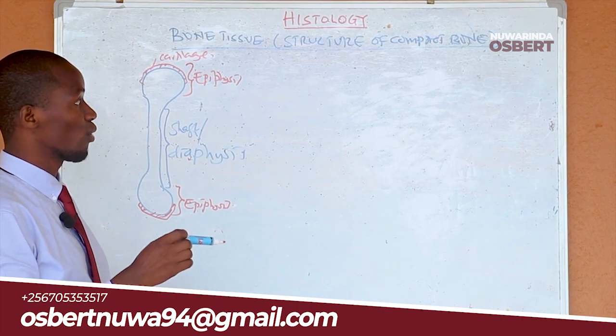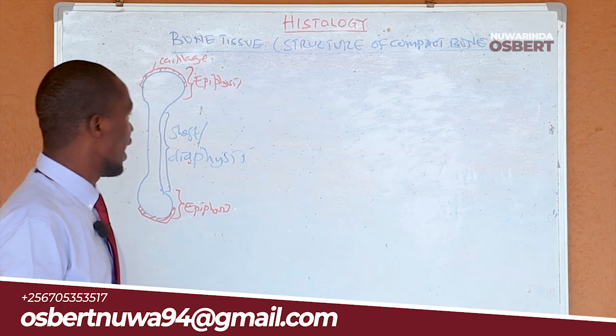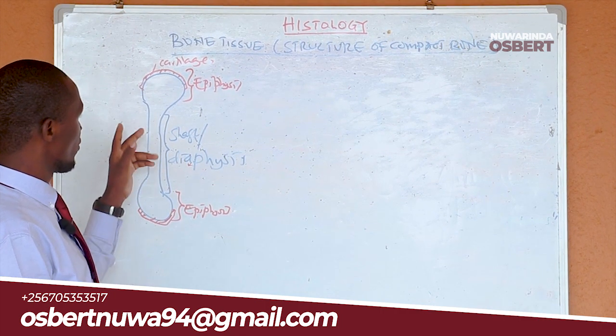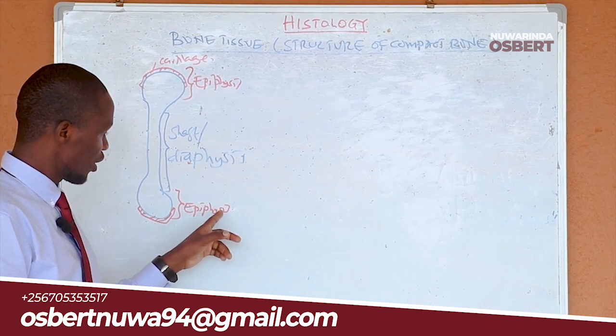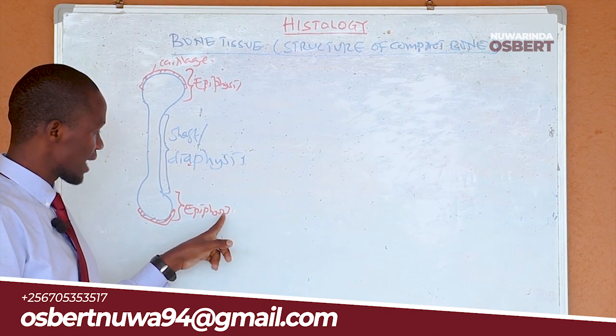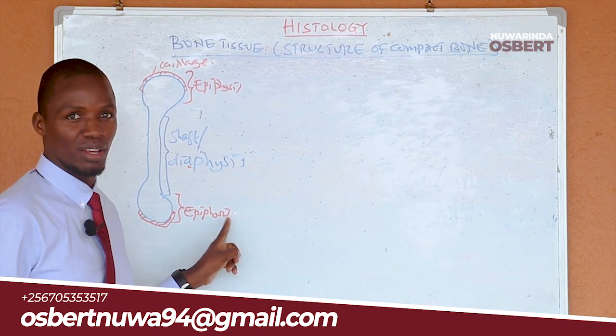We are going to see it in the next episode, where we have the ossification process. Now, this is a simple structure of a longer bone, where we have diaphysis, epiphysis, and then epiphysis. When there are many, you remove the letter I and put E, and it becomes epiphyses.